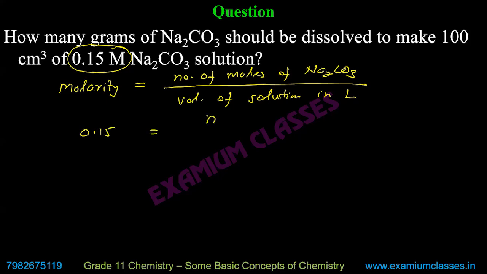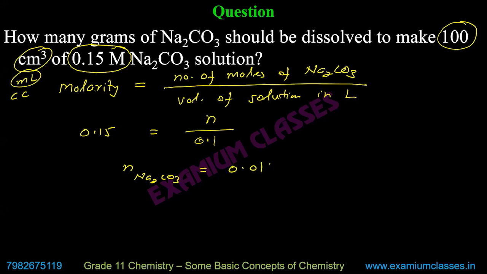The number of moles of Na2CO3 you have to calculate, and the volume of solution in liters is 100 milliliters. Centimeter cube means milliliter. Milliliter or cc, all these are the same thing. Cc means cubic centimeter, which is centimeter cube, or milliliter. So 100 milliliter when converted to liter will be 100 divided by 1000, that is 0.1 liter. So the number of moles of Na2CO3 will be 0.015.